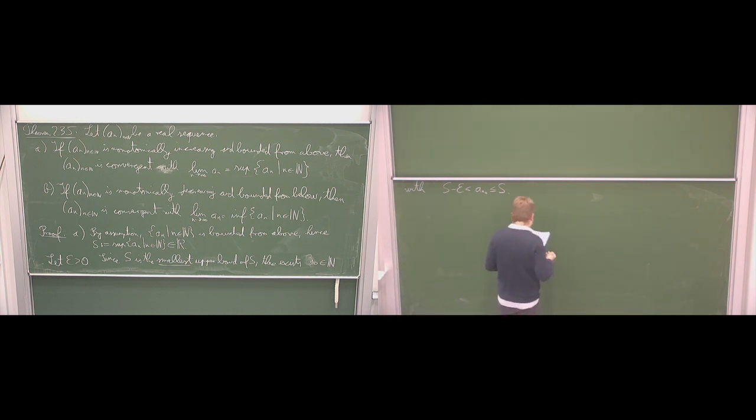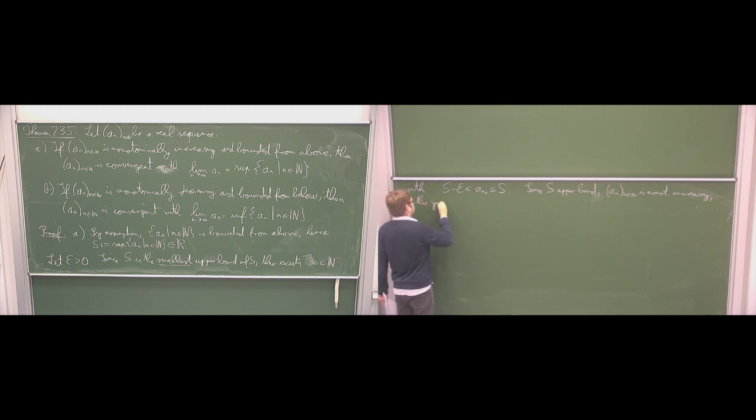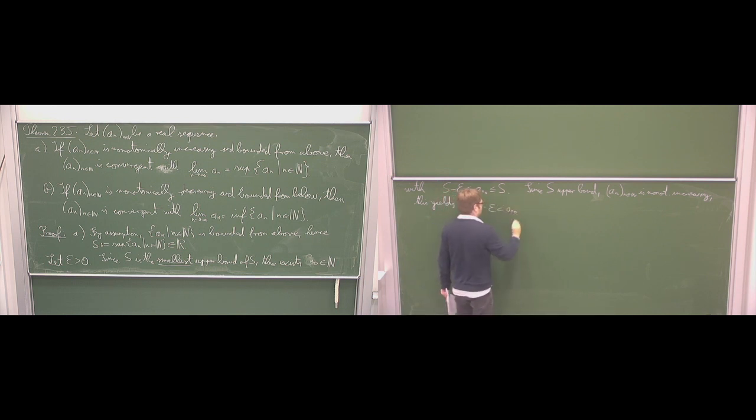Since S is an upper bound, and a_n is monotonically increasing, if we have S minus epsilon smaller than a_n0, then for n bigger than n0 we cannot go back beyond a_n0. So we always have this inequality as soon as n exceeds n0.